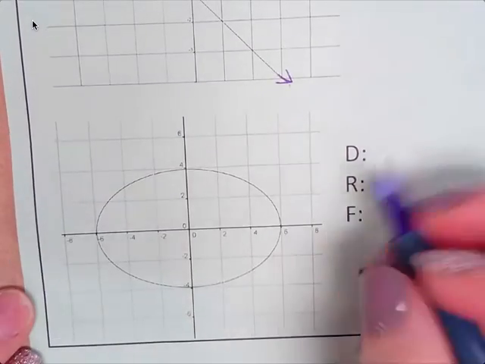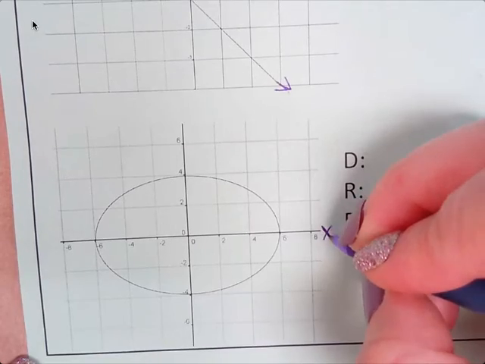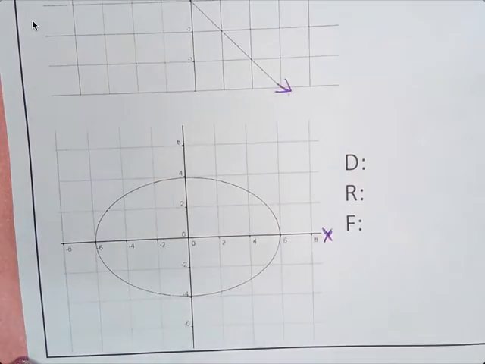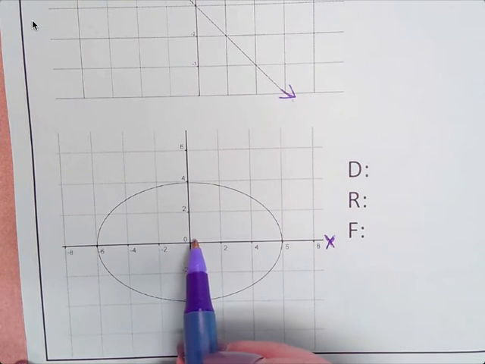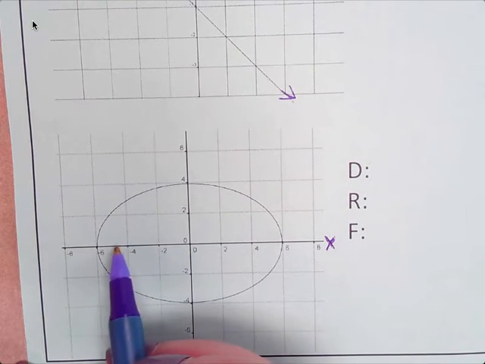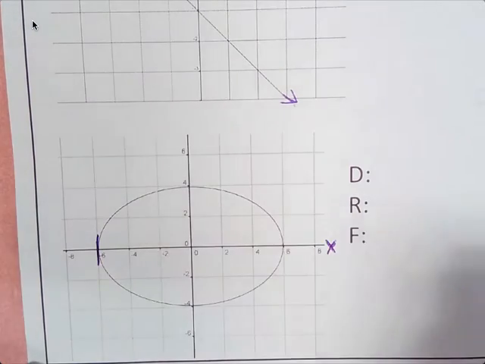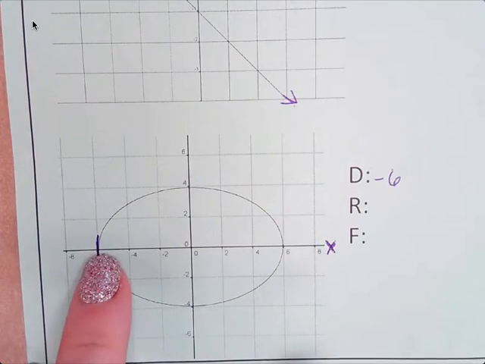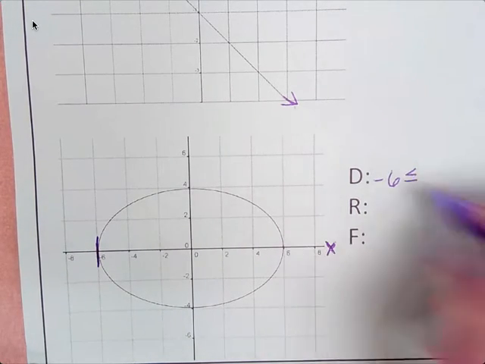Okay, so domain is our x-axis, so let's label our x-axis. Domain goes how far left? What's our least value? -6. Is it included? Is it on the -6? Yeah, so we can use the less than or equal to.